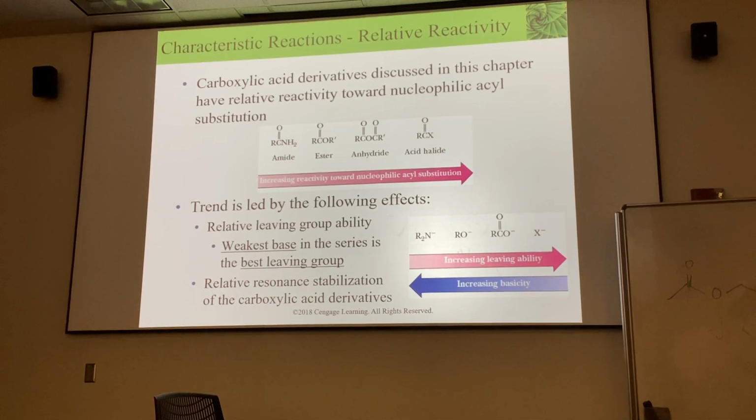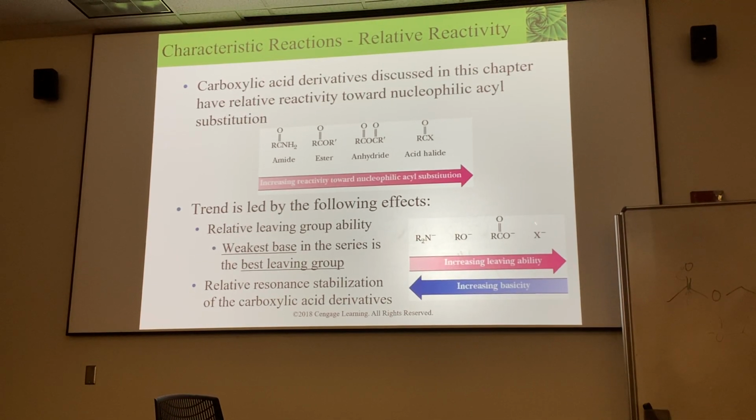Increasing leaving group ability, so increasing basicity, right? If this is a really good leaving group, then its conjugate acid is a really good acid, because a really good leaving group is really stable. A less good leaving group means that this conjugate base isn't as stable, which means this base is more basic than this one, and its acid is worse, right?